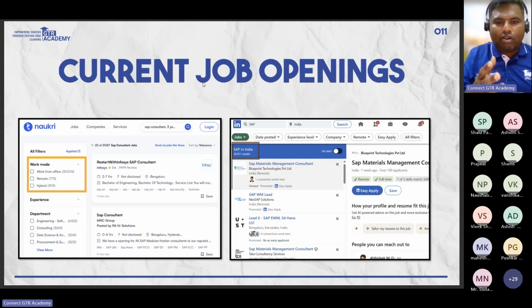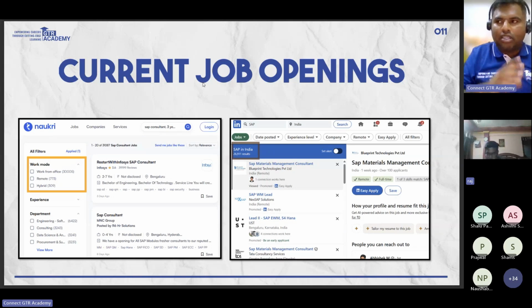I found almost 27,000 results for the SAP skill set in India locations. I did not search for Singapore, Malaysia, Germany, Japan or the UK. I'm just searching for India locations.